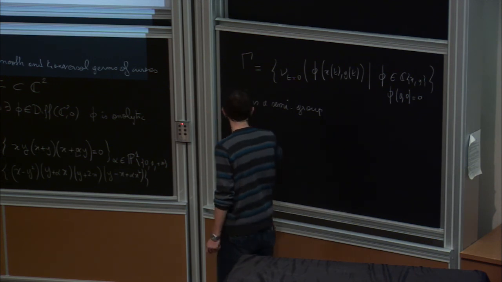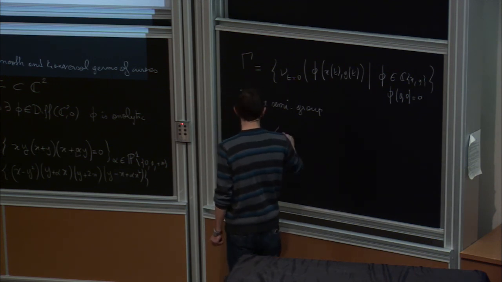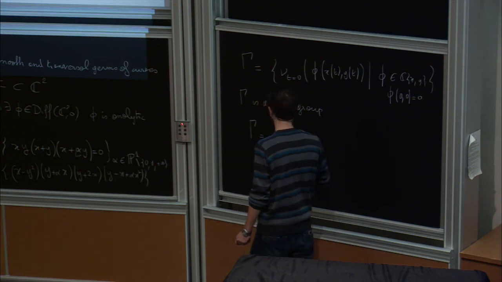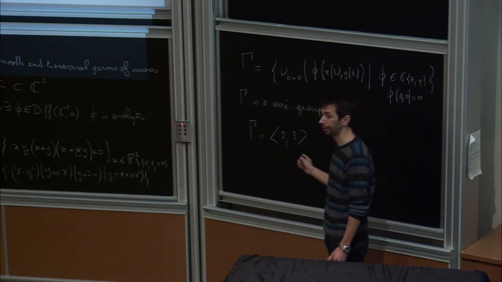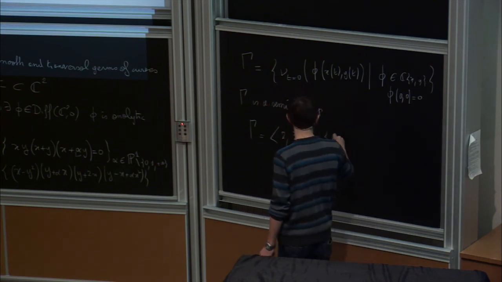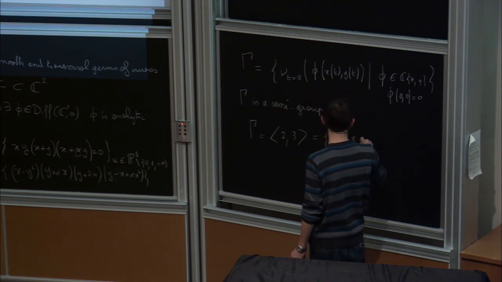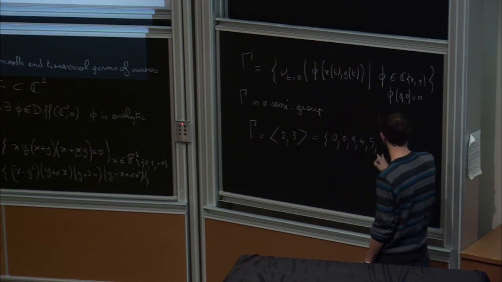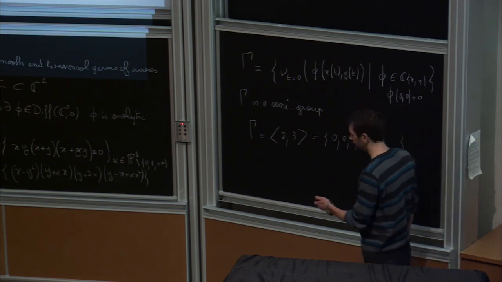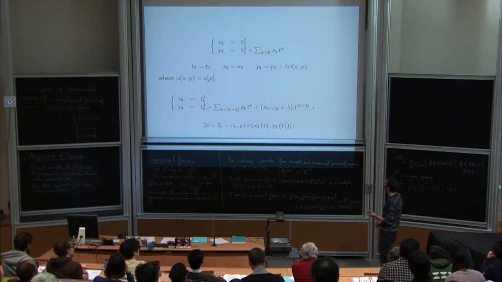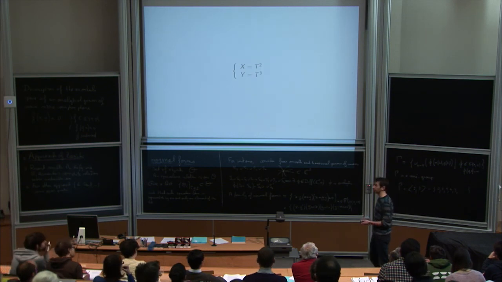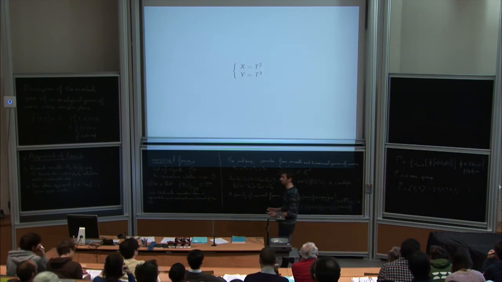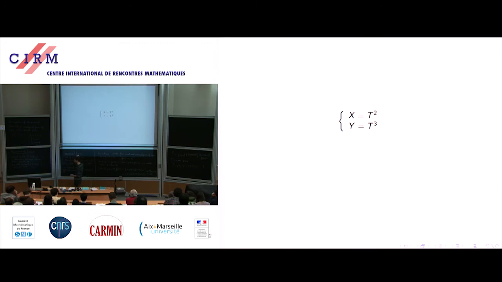In this example, gamma is exactly the semi-group generated by 2 and 3. This is 0, 2, 3, 4, 5, and so on. From here on, you have all the integers. Which means that, at least formally, you can erase any coefficient, and after a formal change of coordinates, you get that Puiseux parameterization.